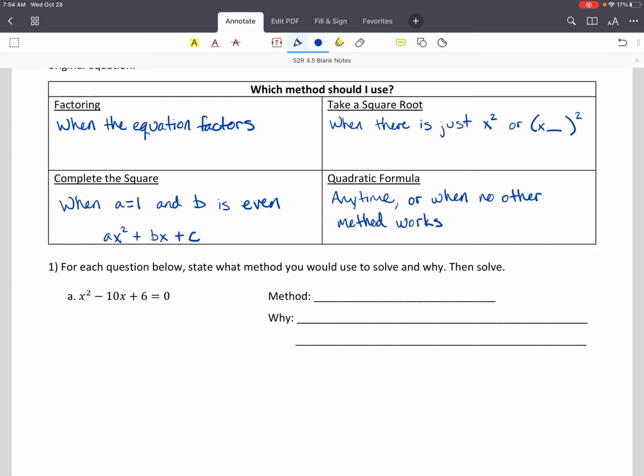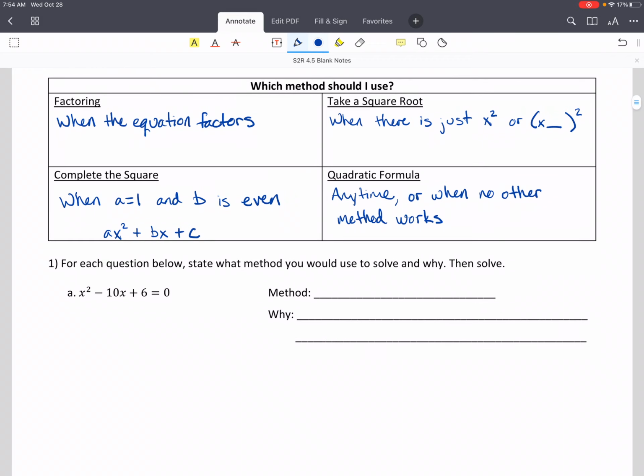So let's look at this first one. I personally always check factoring first because factoring is the fastest method if it can actually factor. So I can say, okay, is there anything that multiplies to 6 but adds to negative 10? No, there is not. So it does not factor.